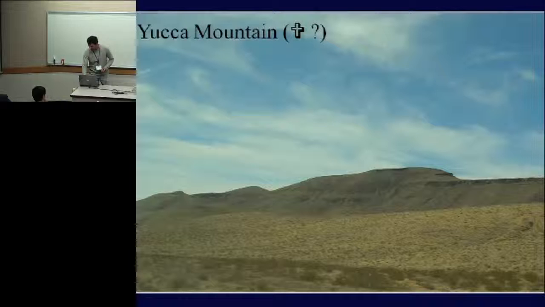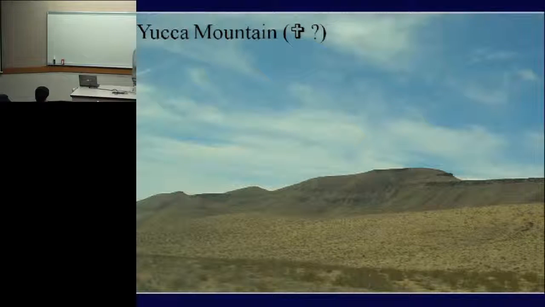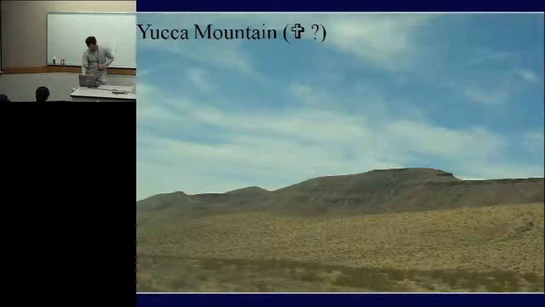We want to find out what is the oxidation mechanism that might take place at a place like Yucca Mountain, which may or may not be dead, which is what I was trying to indicate up there. It is officially dead, but since we don't have anything else, it may be revived.